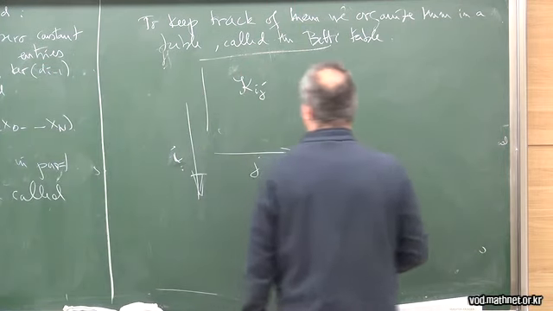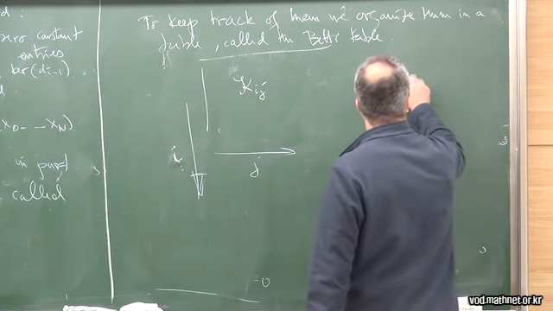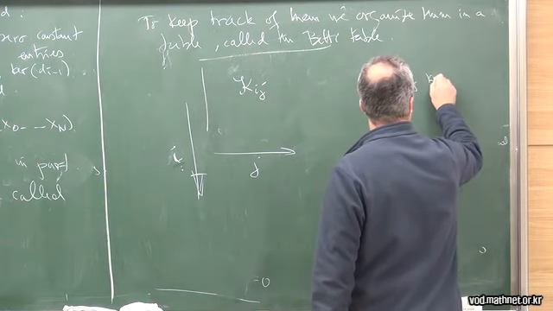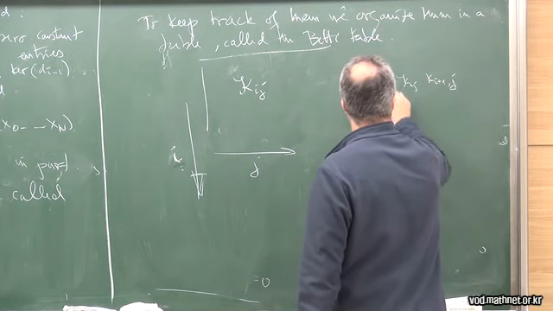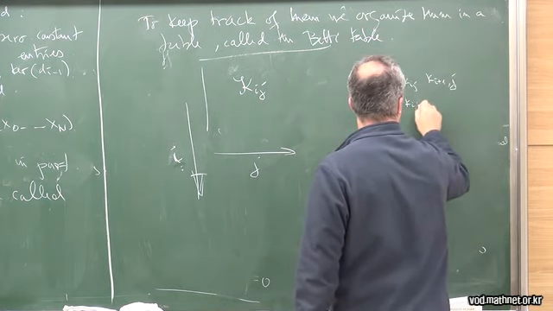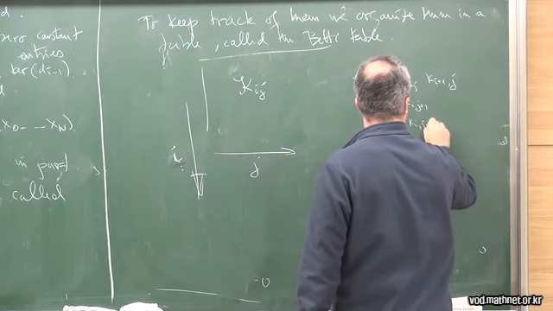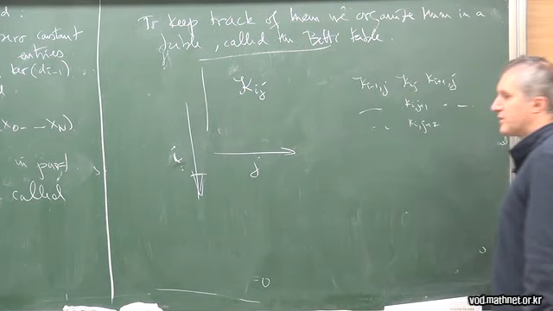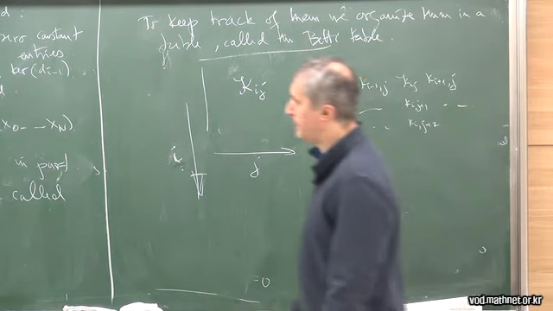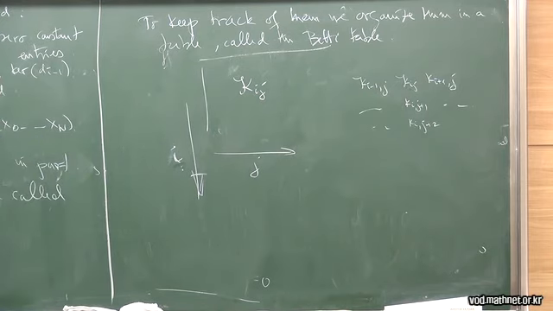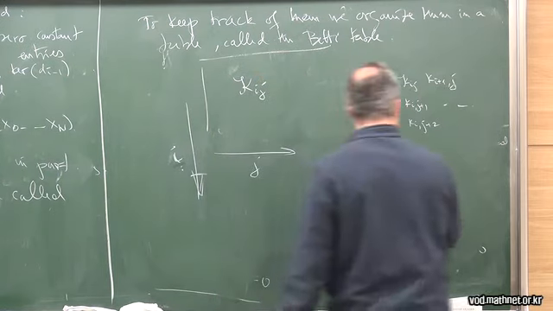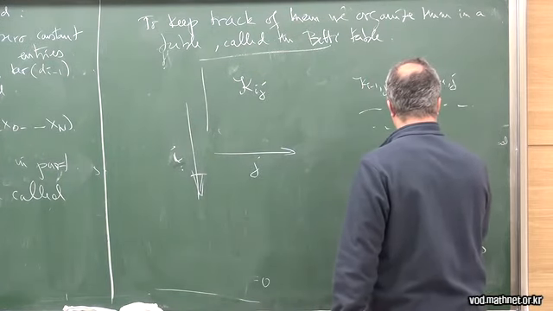So in particular, we will have k_ij, then k_{i+1,j}, k_{i-1,j}, k_{i,j+1}, k_{i,j+2}, and so on. That's the structure of the Betti table. Or we can replace this k_ij by beta_{i+j}, and then we get beta_{i+j}.